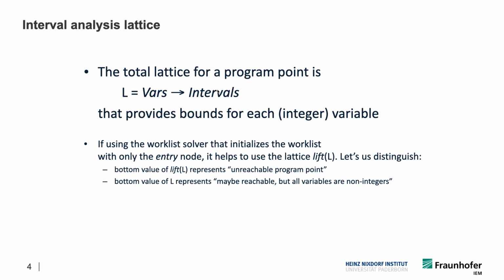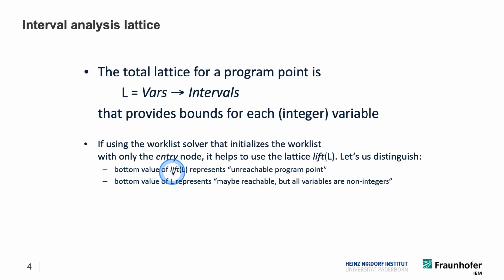If we're using the work list solver that we discussed in the previous week with only the entry node, so that starts at the procedure's entry node and then iterates through the procedure, then it helps to use the lifted lattice. If we do that, then we can basically introduce an additional bottom element that lets us distinguish the following two situations.